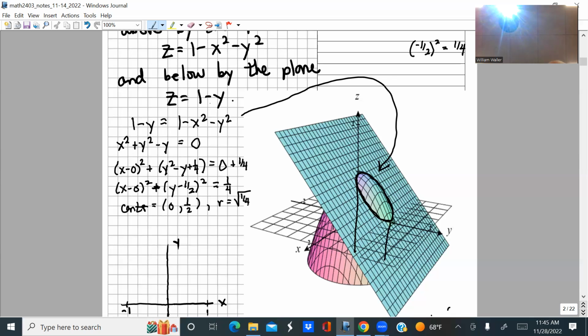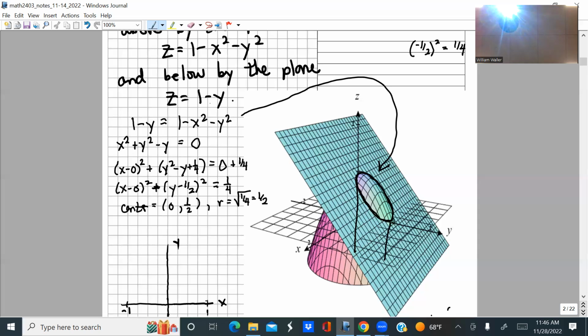Yeah, Robert, you're obsessed with 1 here, but it's 1/4. Remember, it's x minus h squared plus y minus k squared equals r squared. So r is the square root of 1/4, which is 1/2. So we have just a nice circle. Its center is at 0 and 1/2, and its radius is 1/2.